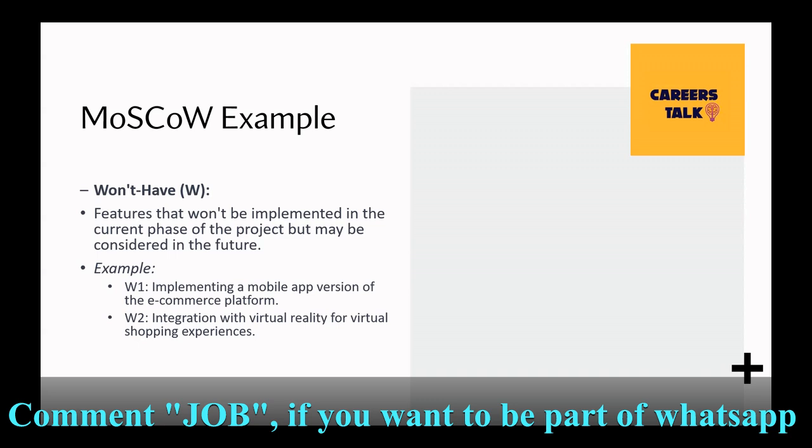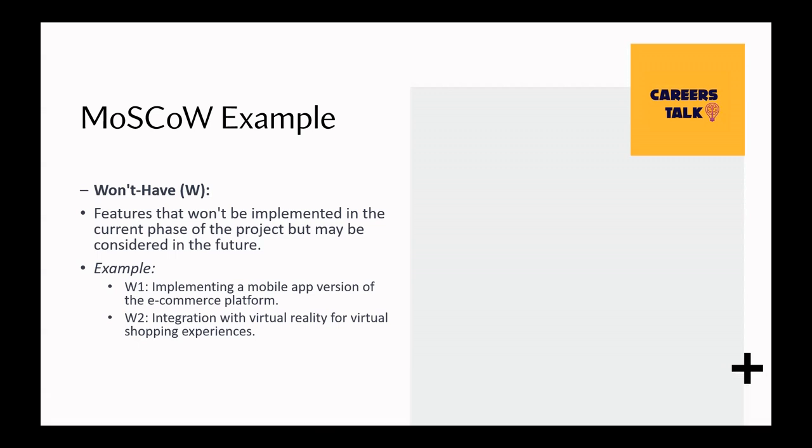But of course, it's probably definitely not one of the very high-pressing items if you compare it with the other three. Some examples, like implementing a mobile app version for the e-commerce platform. Well, I can give a mobile app to my users. It can make the user journey pretty smooth, but if it is not getting implemented, then it's probably not the end of the world.